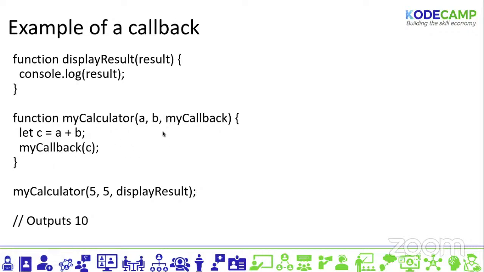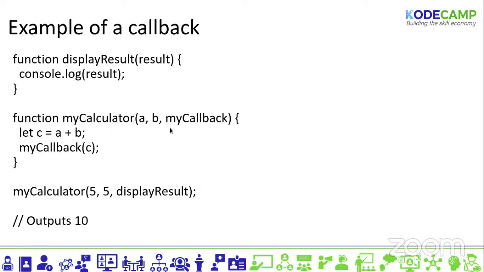Since the callback we are passing when calling the function is display results, after adding these two, it will pass the result of adding these two to display results. Then this display results will now execute, and that is going to result in an output of 10. So that's how callbacks actually work. It's a pretty simple concept.